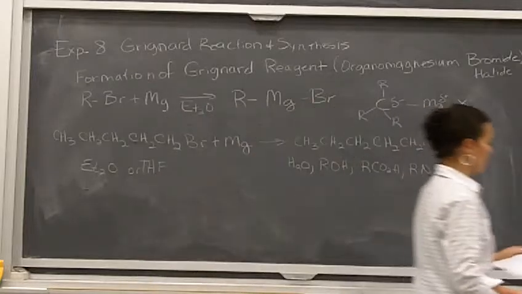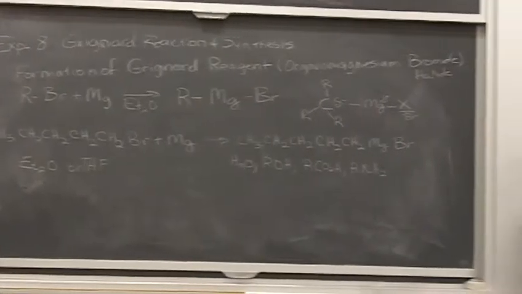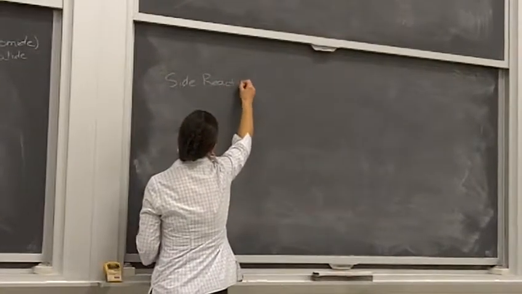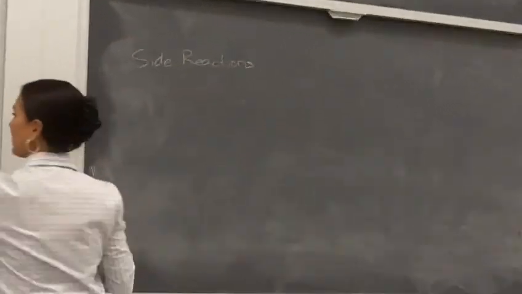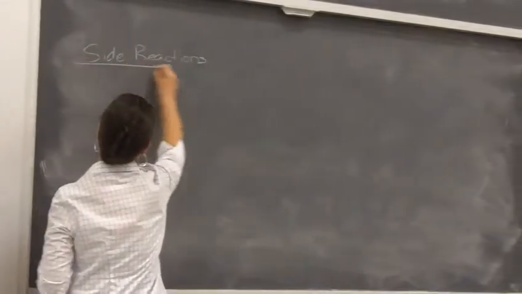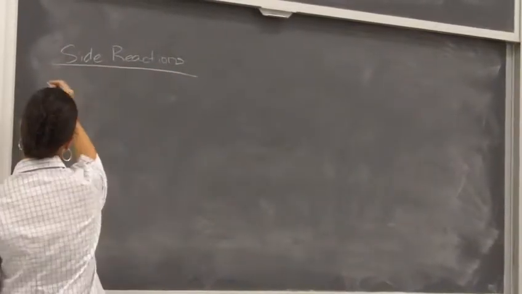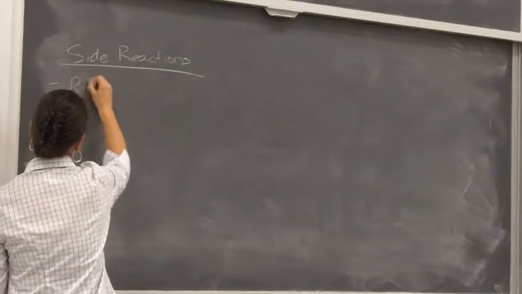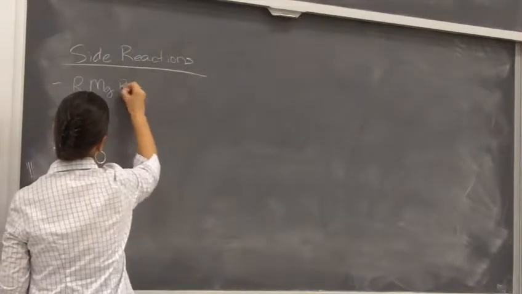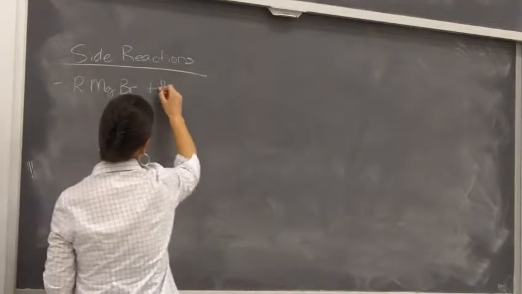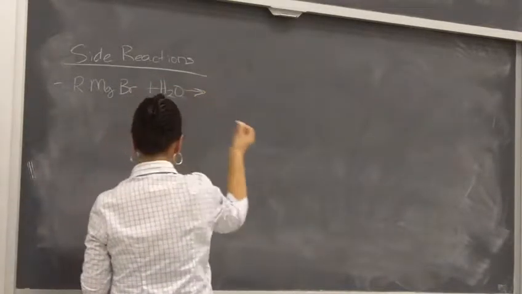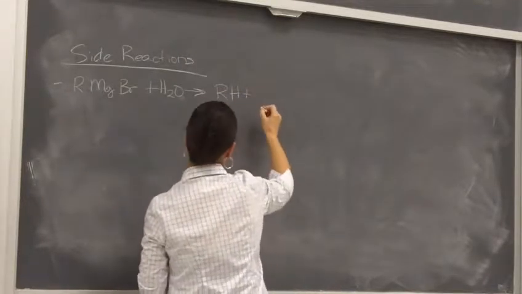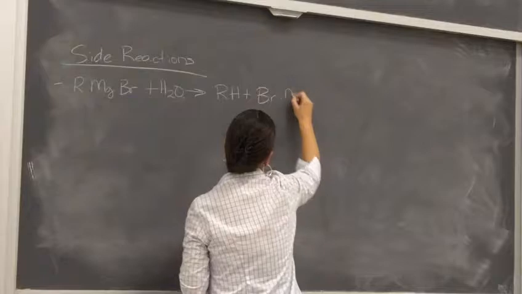Now, once we form our Grignard reagent, we've got to be careful of some side reactions. So, keeping in mind the things that it can react with, we have to be careful of that. First of all, our Grignard reagent, once we form it, can react with water. And if it does, then we're kind of done. We're not going to have anything to go on to do the Grignard synthesis.